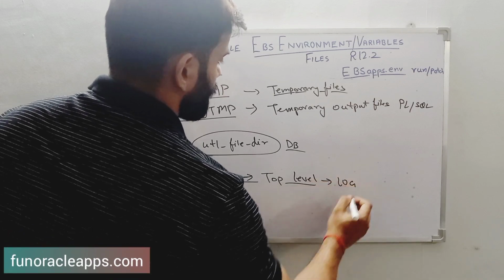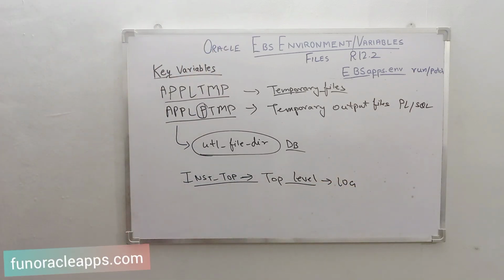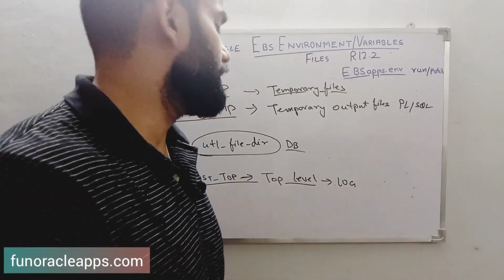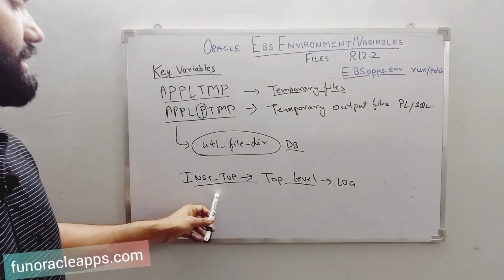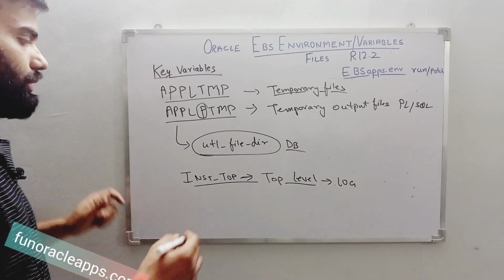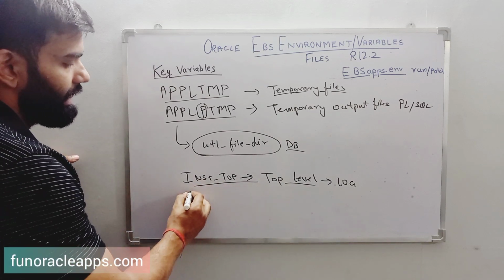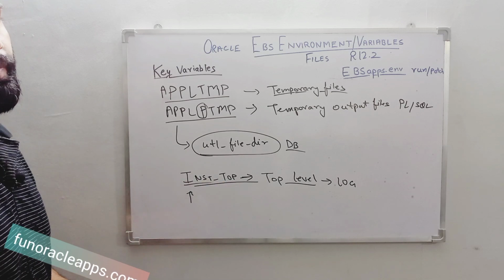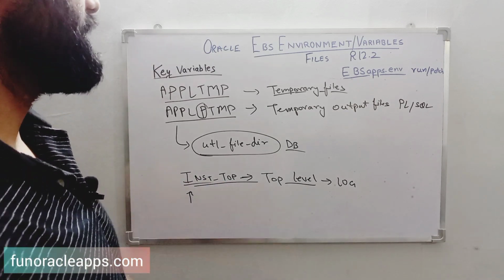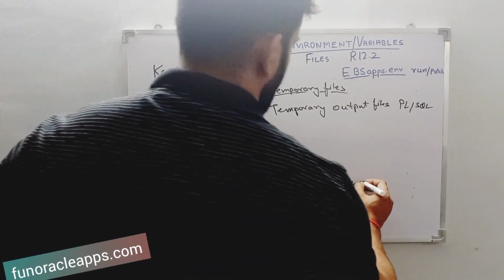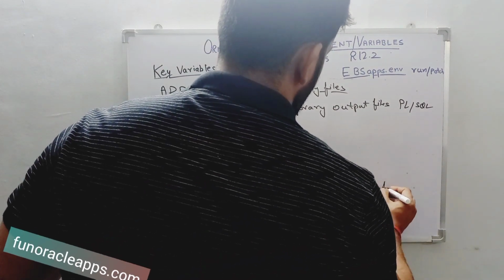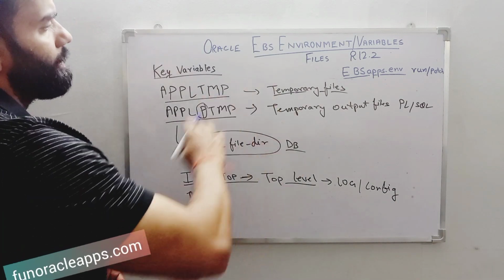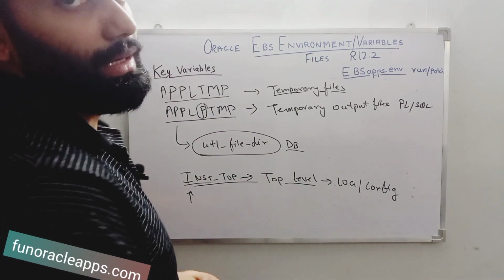It was used quite a lot in previous versions, but in R12.2 a lot of things have moved out of instance top to the Fusion Middleware home, but still instance top is used for those activities. If you see the admin scripts home that we talked about earlier, it is actually under your instance top only. So logs, configurations, everything would come under your instance top. These are all the important variables that I have tried to cover.